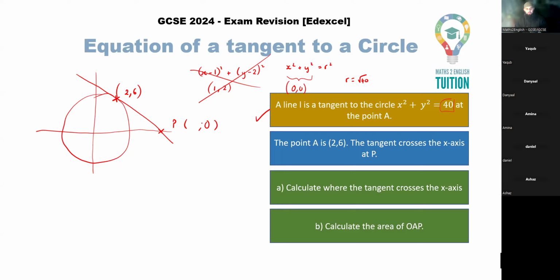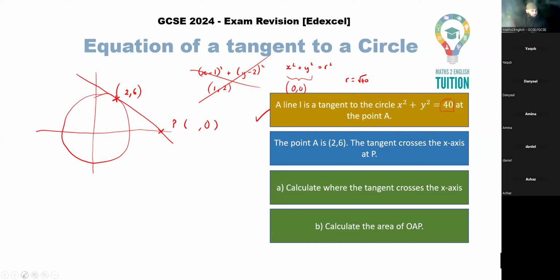Now this is a hard question, a level 9 question, because we first need to find the gradient of the line, the tangent. Usually the question says find the equation of a tangent to the circle. So what we're going to do is work out the normal. The normal is the perpendicular line.